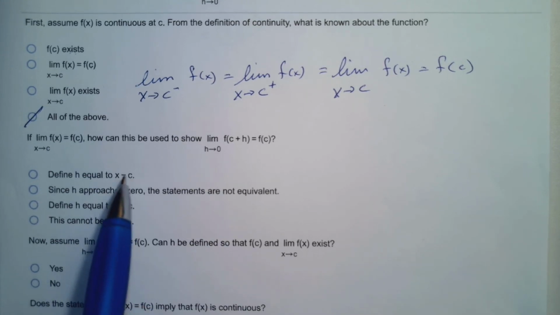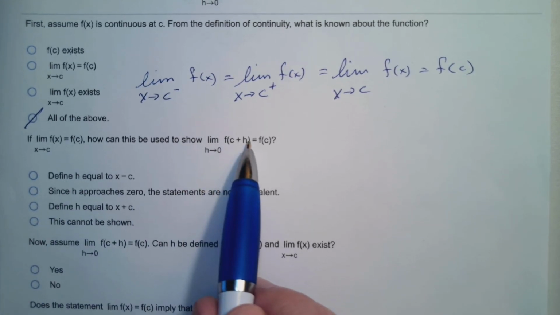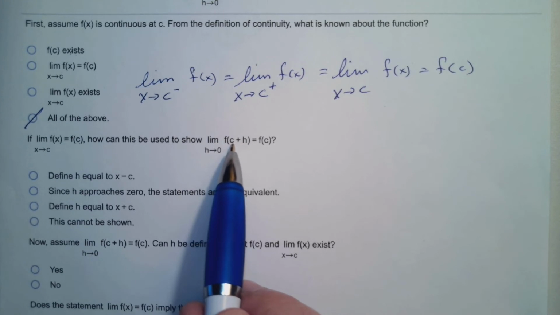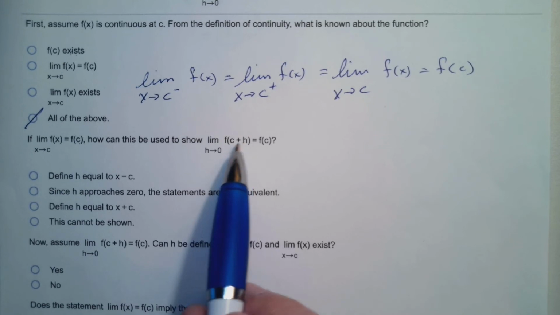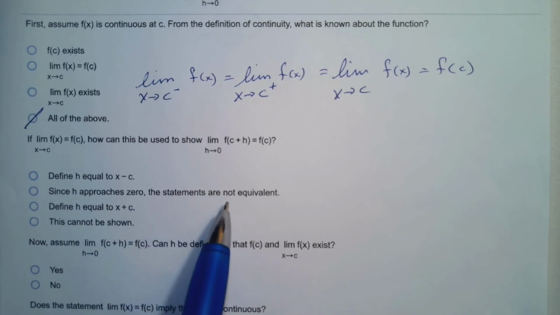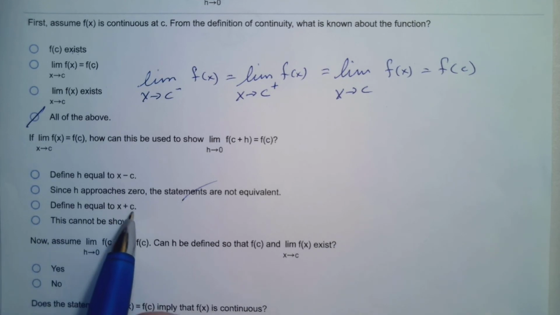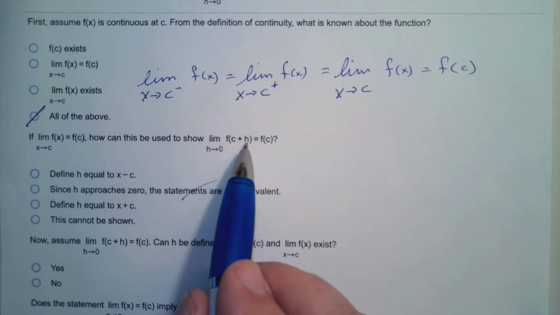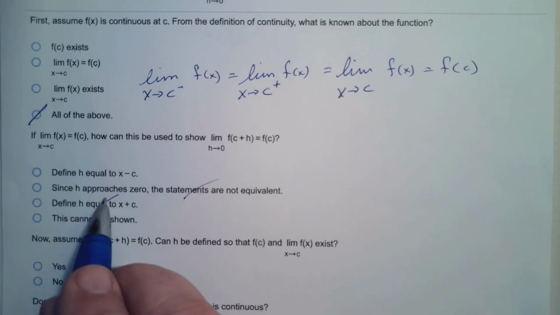Yes, so far so good, because if h is x minus c, then c plus x minus c is x, giving f of x. Since h approaches 0, the statement can be evaluated. Define h as x plus c? No, because then we'd have x plus 2c. It cannot be shown.